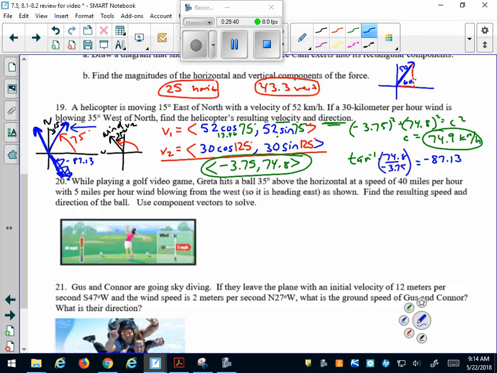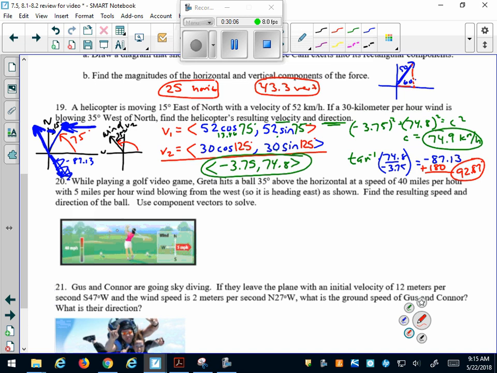This helicopter is getting blown into the second quadrant here because it only starts 15 degrees this way, and then there's that strong wind blowing it. So it's going to end up here. So we need to take our negative 87.13, again, add 180, and that ends up 92.87 degrees from the horizontal.